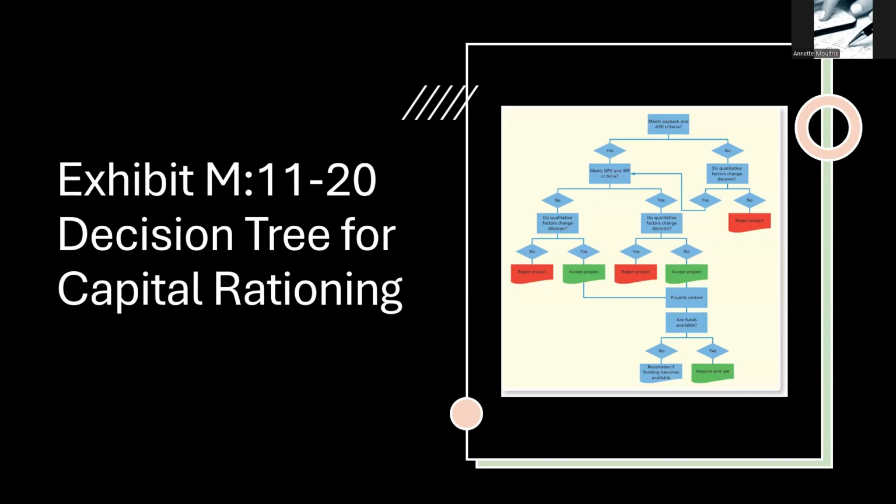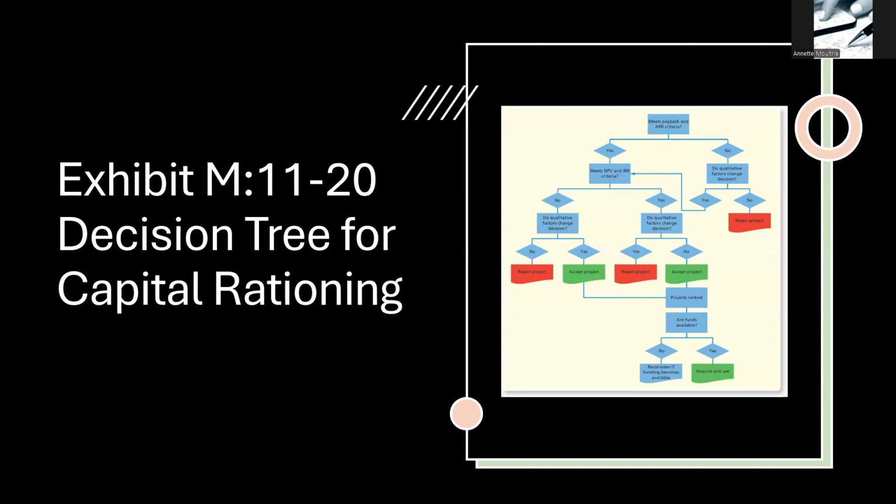However, if the plan does meet NPV and IRR criteria, determine if the qualitative factors still change the decision. Let me back up. If the factors do affect the decision, reject the project. If the factors do not affect the decision, accept the project and proceed to ranking the projects.